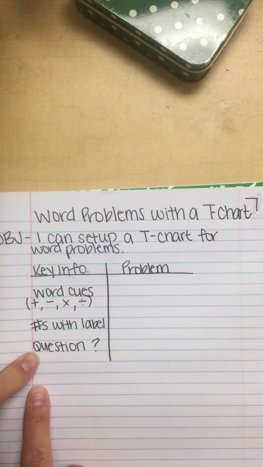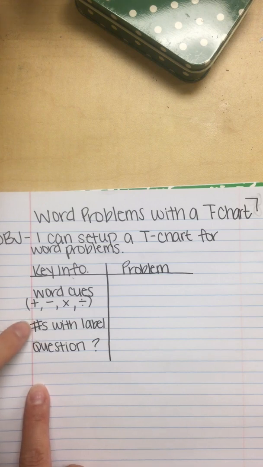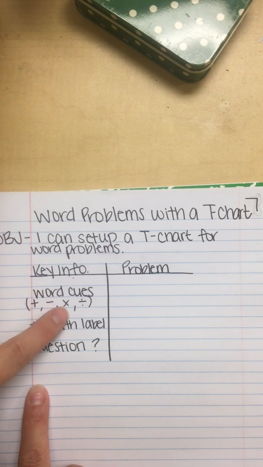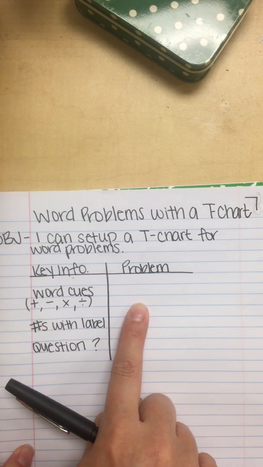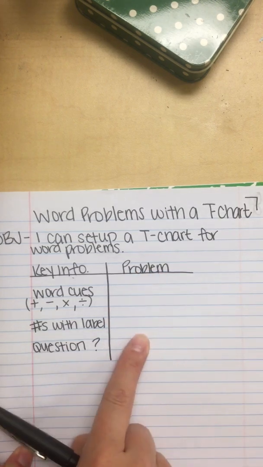Then, once you've taken a minute and you've re-looked at all this, then you'll go, oh, I need to take the 7 students or the 3 groups or whatever it is, and my word is telling me I'm supposed to multiply them together. So then over here, that's where you will work out your problem.